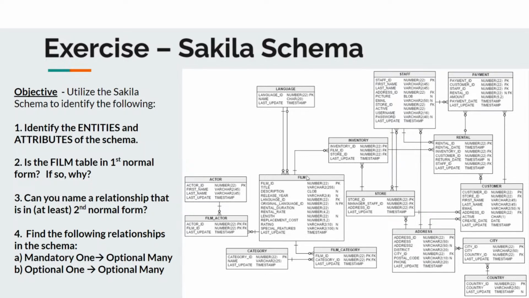But most of the time, between the name of the table and the column names, you can get a pretty good idea of what's being captured and what type of data is in it. Then the attributes are just each one of these things that are being captured for the film, like the adjectives. So the title, description, release year, length, replacement cost, and so forth.